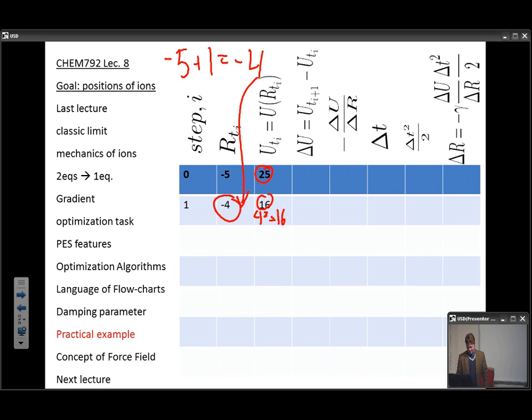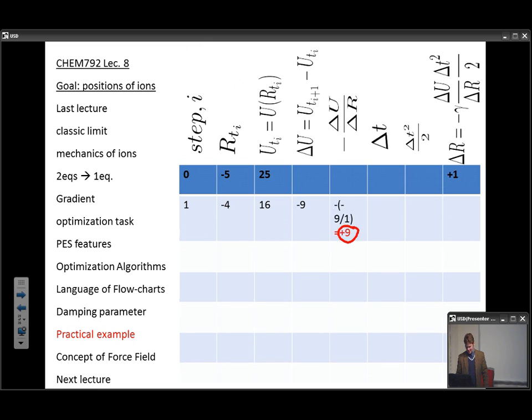Now we can subtract those two and get this delta, which will be recent minus previous, -9, right? Okay, good. And now we have our delta R equals 1 and delta U equals -9. So we just divide them by each other. -9 divided by 1 and minus sign, +9.